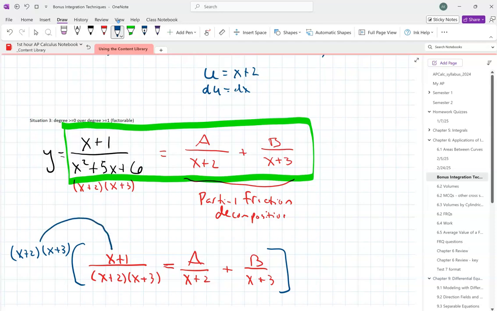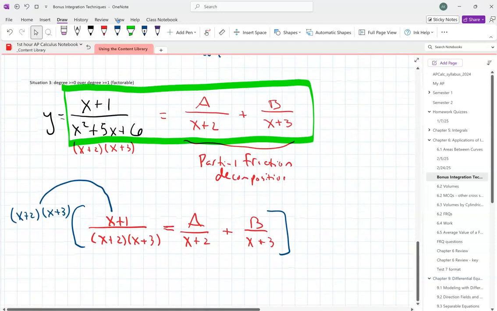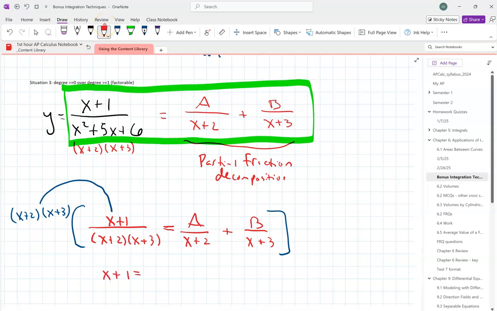When I multiply that on the left-hand side, the denominator just cancels out, and I'm left with x plus 1, right? When I multiply it to the right side, I have to multiply it to each term. When I multiply it to the first term, the x plus 2's cancel out. So I'd be left with a times x plus 3.